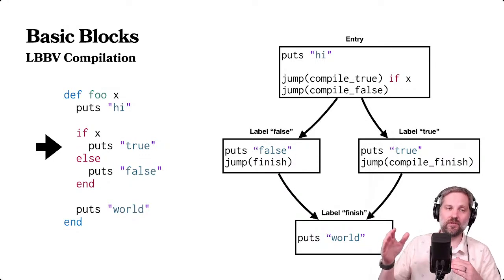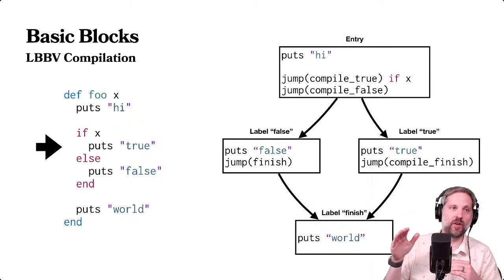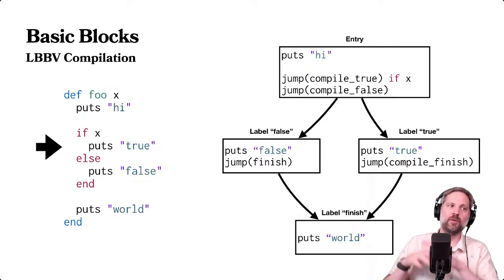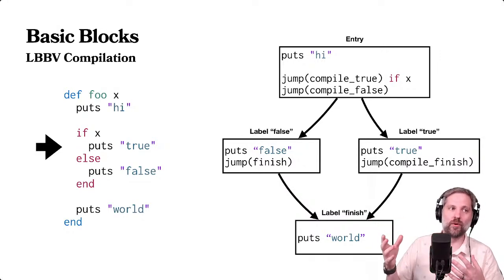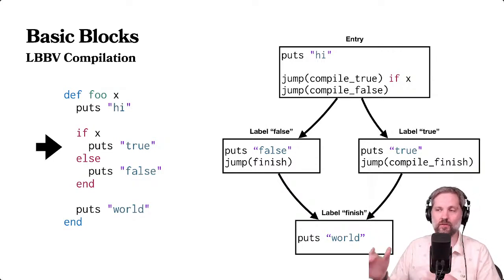And again, it doesn't know where it's going to jump from there, so it inserts a stub. It's clear to us that it's going to jump to finish, but the algorithm doesn't know where we're going to jump, so we just insert a stub here.